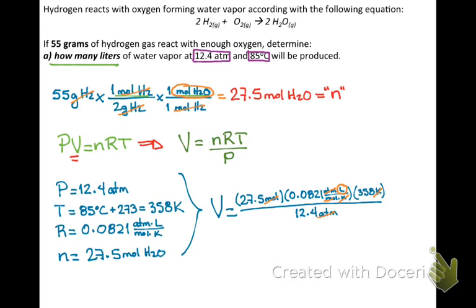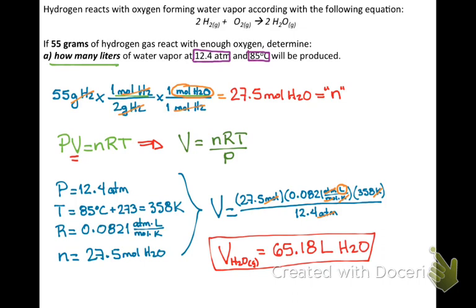So it is 27.5 times 0.0821 times 358 divided by 12.4 atmosphere, and this will give you a volume for water vapor equal to 65.18 liters. This is the answer for this part of the problem.